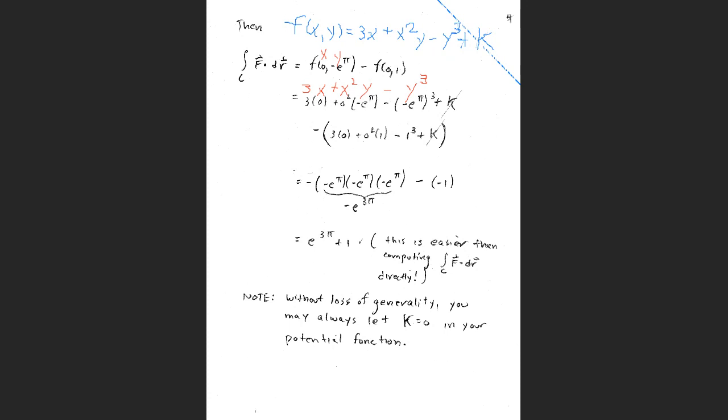And then I do the same thing for 0 and 1 on this part down here. The k's cancel out. And in the end, for the work, you're going to get e to the 3 pi plus 1.